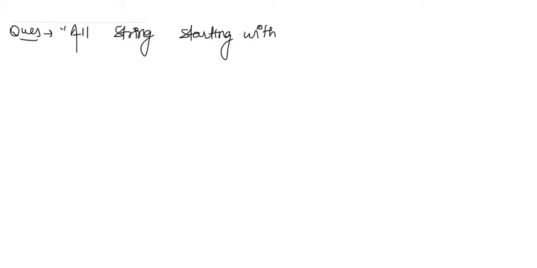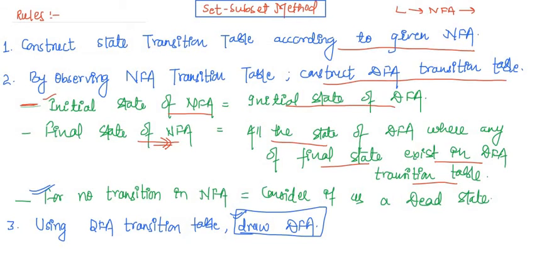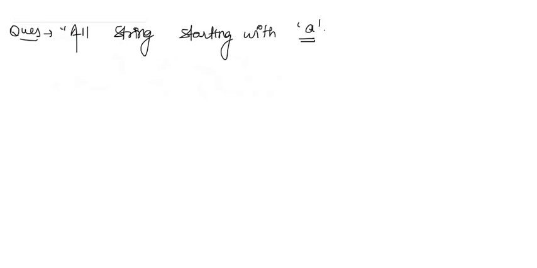The problem here is: all strings starting with a. We already know the construction of NFA as well as DFA, but we will discuss it to make our concepts clear. So the first step that I discussed is to construct a state transition table according to the given NFA.